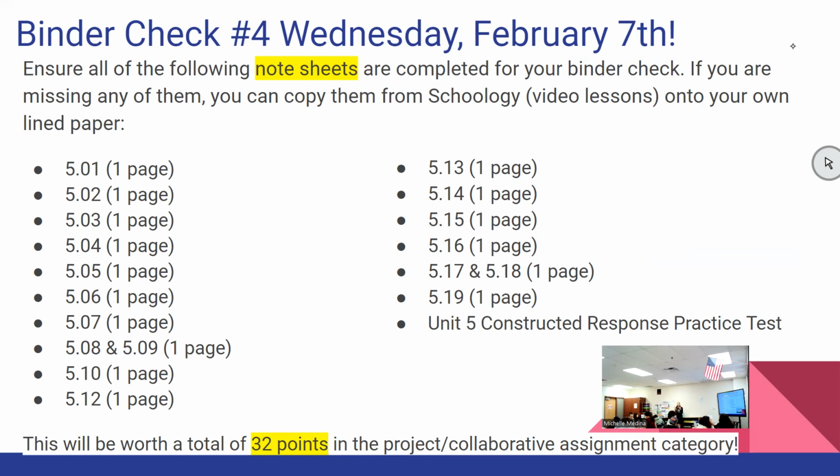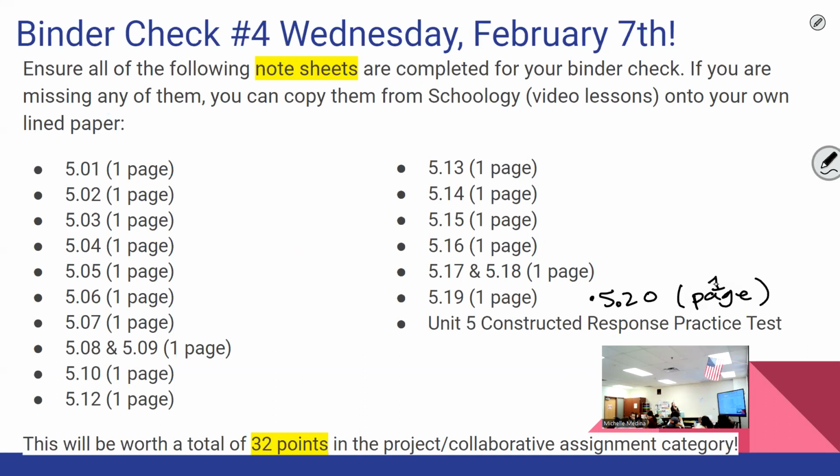Then you already have the reviews. Wednesday in class, you'll have time to work on the reviews while I do your binder check. So also I need to add to this list a 5.20 note sheet because that's what we're doing tomorrow. But these are all the pages that I expect in your binder check. Granted, some of you joined the semester late, so I wouldn't necessarily expect those. But you being absent because you're sick or whatever other reason, I expect you to make up the lesson.